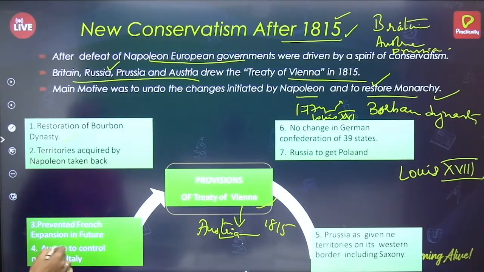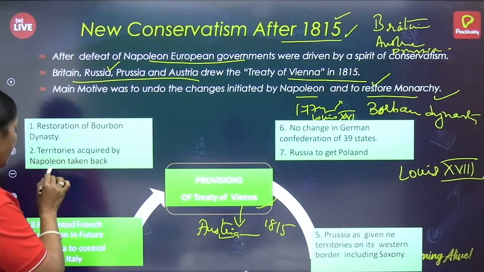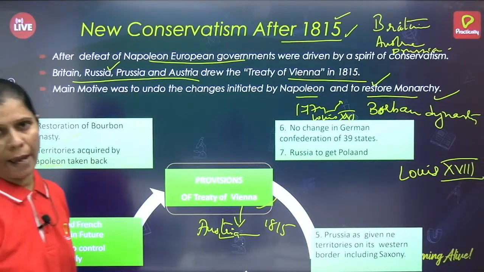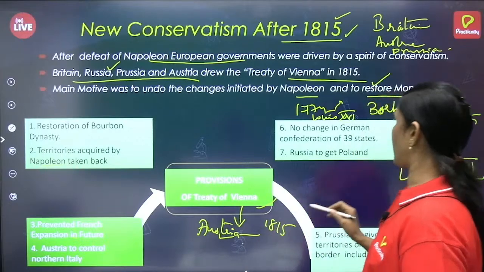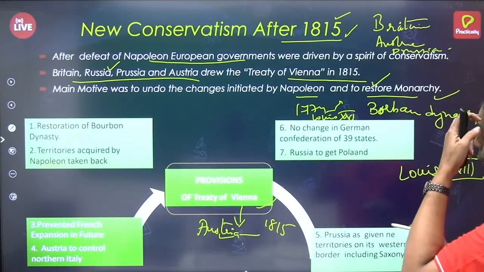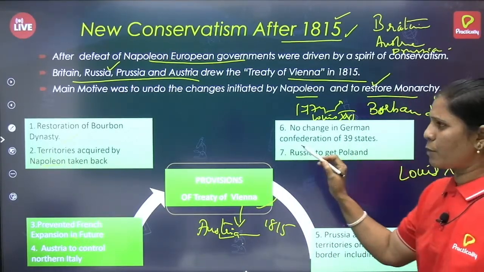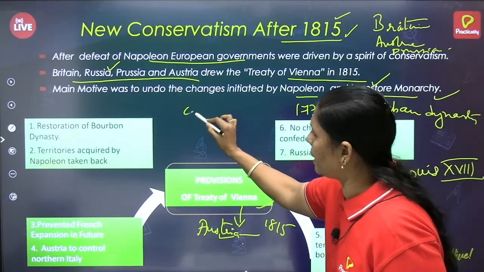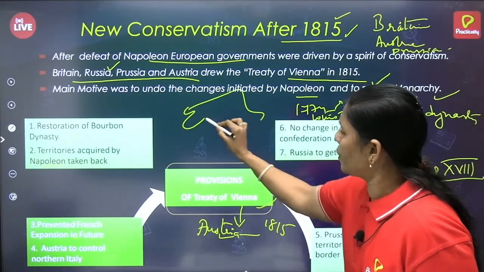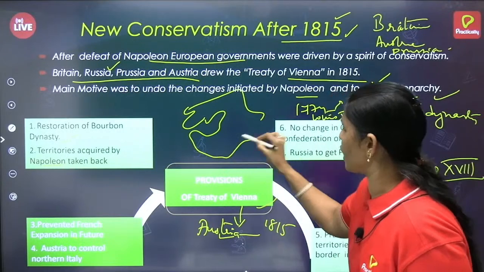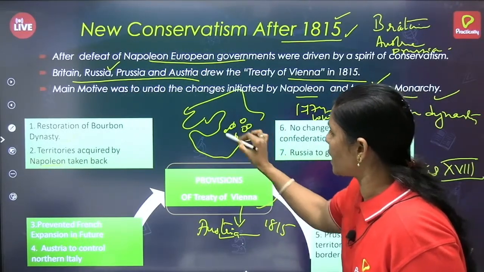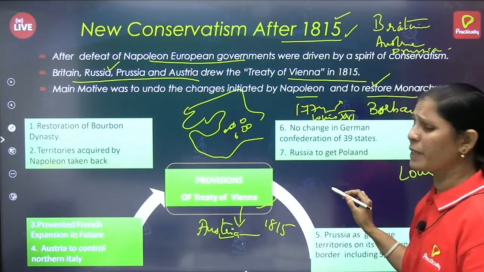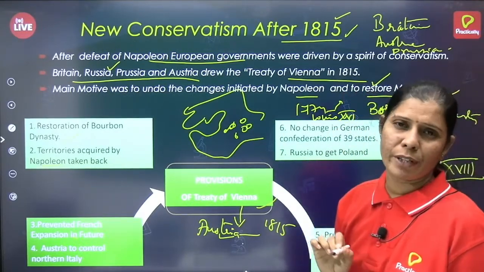And point 2, the territories taken by Napoleon were taken back. We see that Napoleon had made small territories in complete Europe. There were a number of small nations, especially in the German Confederation.